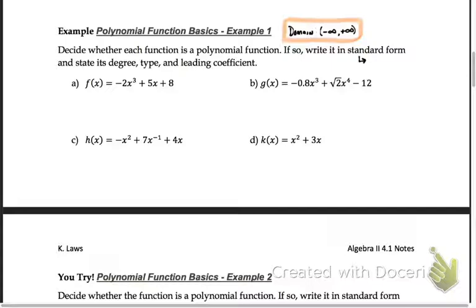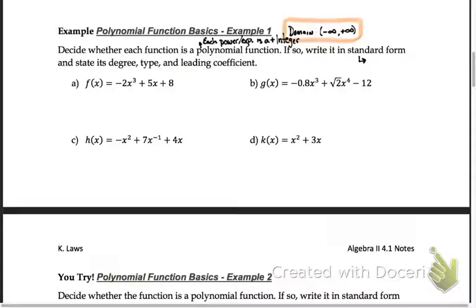If it's a polynomial function, one, we can draw it without picking up our pencil, but also each power or exponent is a positive integer. It's going to be anything to the first power, to the second power, to the third power, to the fourth power, to the fifth power.